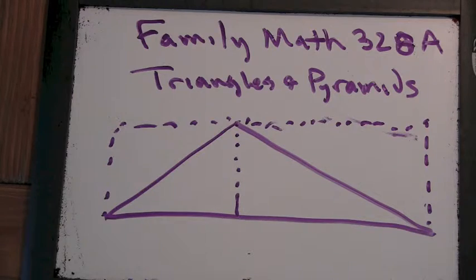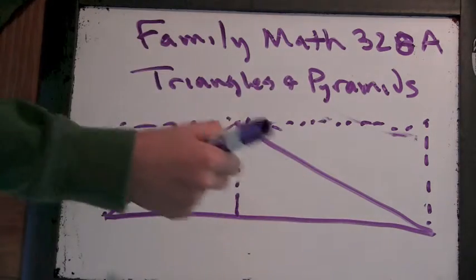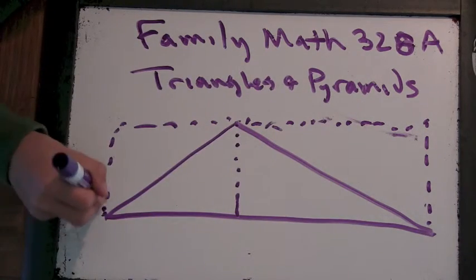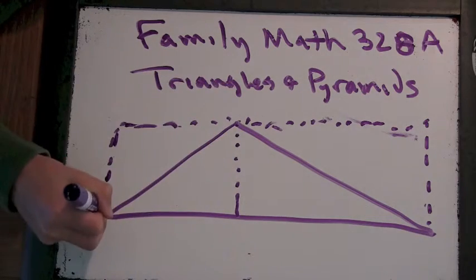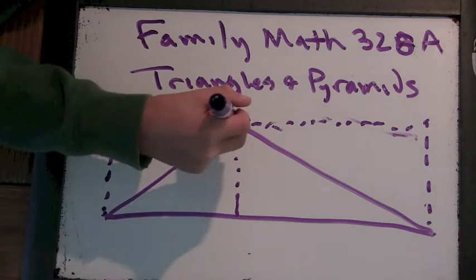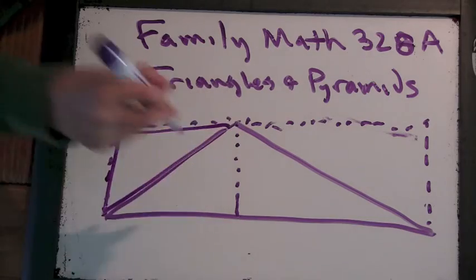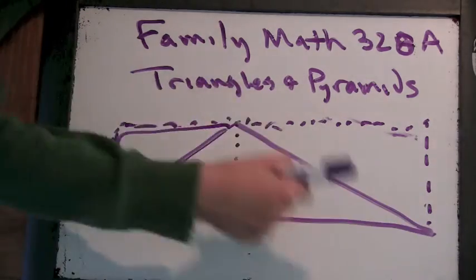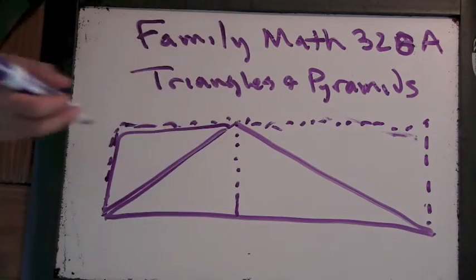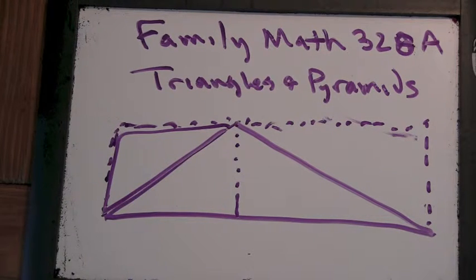Okay. So then you have 2 of these, and this is 1/2 of that, and then the same here. So then it would be 1/2 base times height.